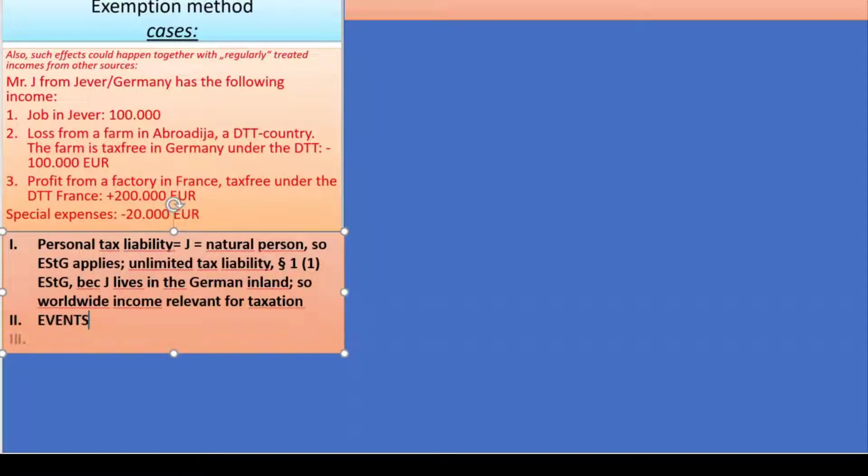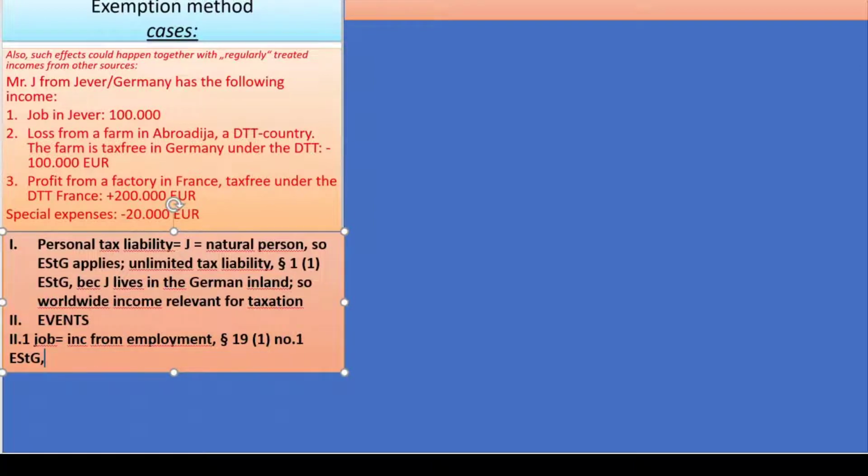Now let's look to the events. 2.1, the job is income from employment. Paragraph 19.1, number 1 ESTG. Part of the worldwide income.